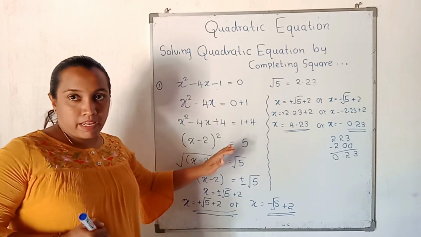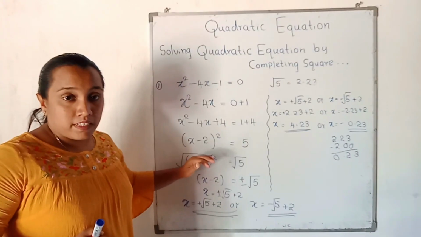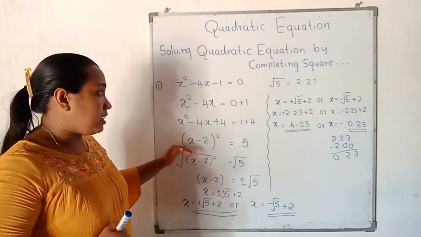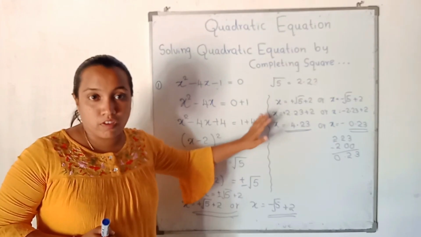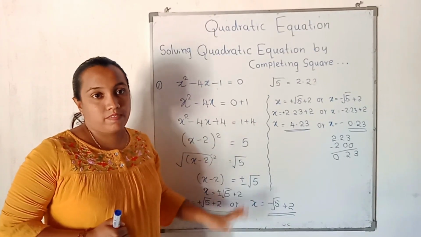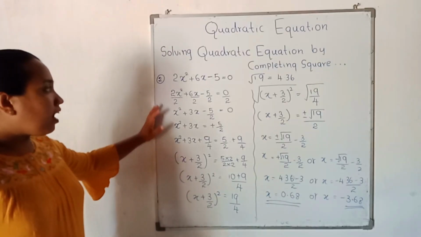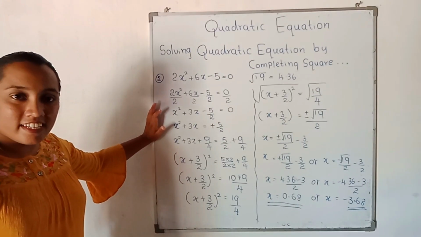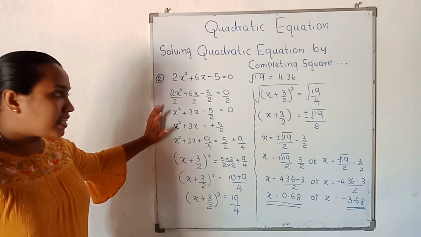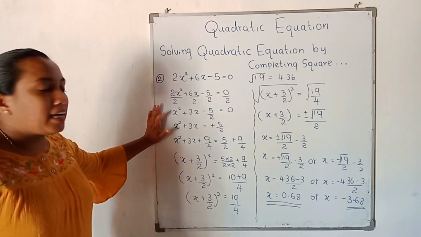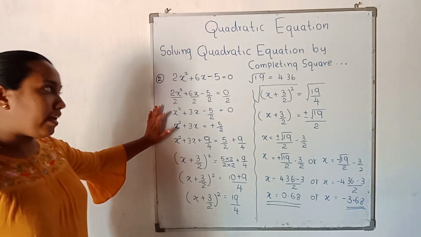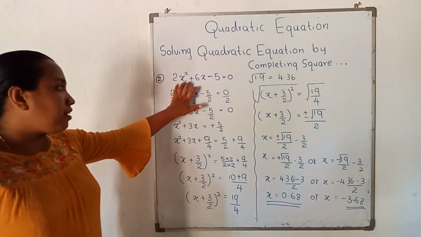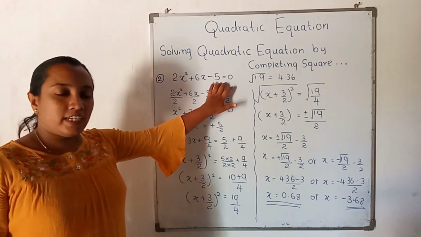Again, I will explain another example of how to solve quadratic equations by the completing square method. Let's go. I am ready to explain another example, solving a quadratic equation by the completing square method. Okay, look at it. 2x squared plus 6x minus 5 equals 0.